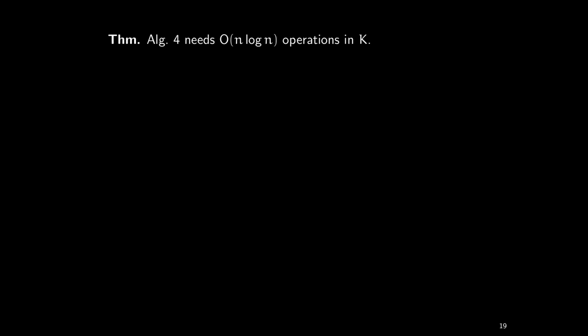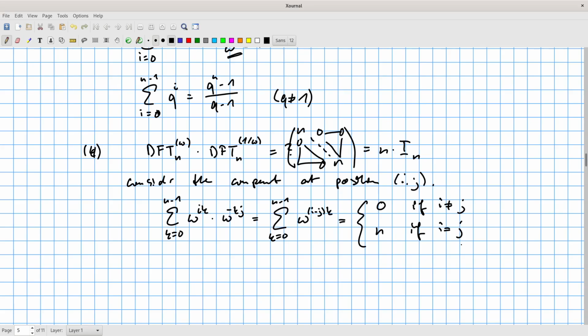So I do log n many times something that takes linear time, and that means it's n log n altogether. Of course, you can also write it down as a recursion, and in this case you get this recursion.